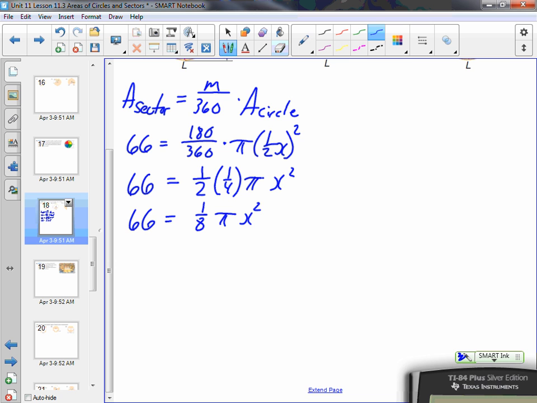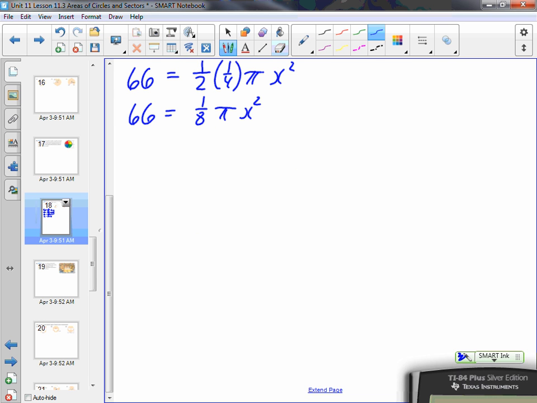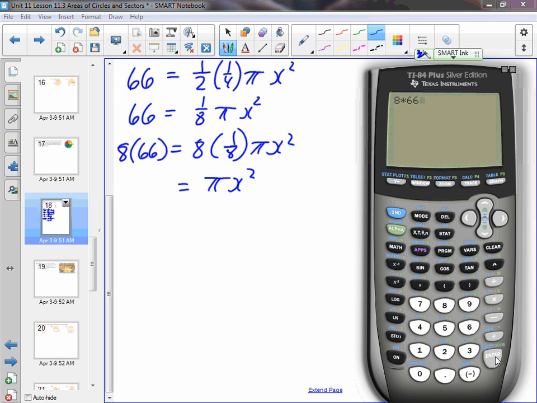All right, now, again, let's not get over anxious here. I could do the next thing in one step, but I'm going to do it in two so you'll be sure to see what I'm doing. I'm going to get rid of the 1/8. I'm going to multiply the left side by 8 and the right side by 8, because that way on the right side I'll just have pi x squared. And on the left side, I'll have whatever 8 times 66 is.